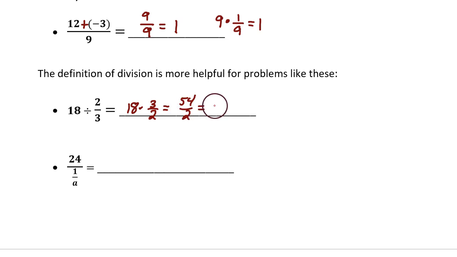And 54 divided by 2 is 27. The next one, 24 divided by 1 over a. This is equal to 24 times the reciprocal of 1 over a, which is a, and so the answer is 24a. So the definition of division, where you rewrite a problem as a multiplying problem, gives us a way to do these kinds of algebra questions.